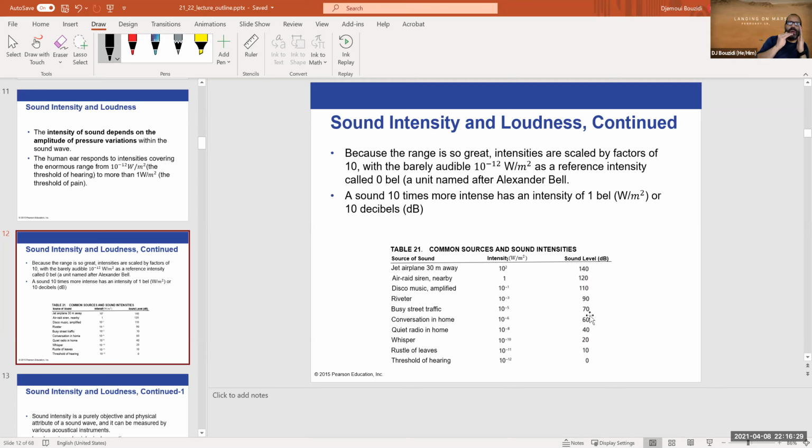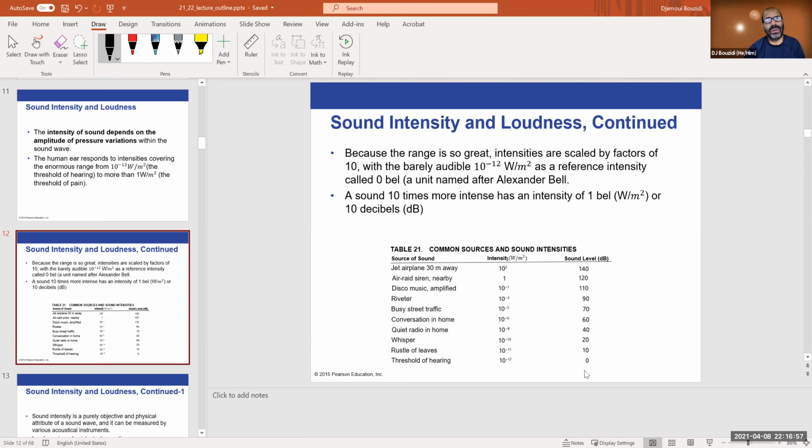The thing to remember about the logarithmic scale is that a small jump makes a lot of difference in the actual sound. 10 decibels from here to here is a huge number. It looks like 10 steps, basically 1, 2, 3, 4, 5 steps, but actually on the logarithmic scale you went 10 times, because remember, you have to divide these numbers by 10.